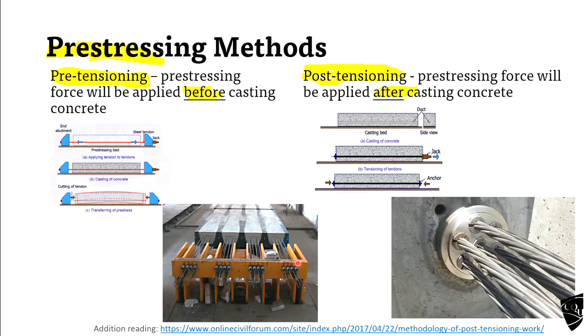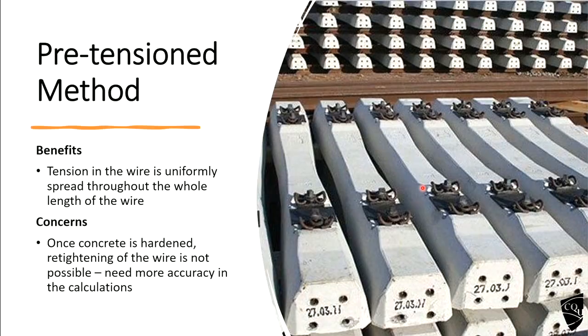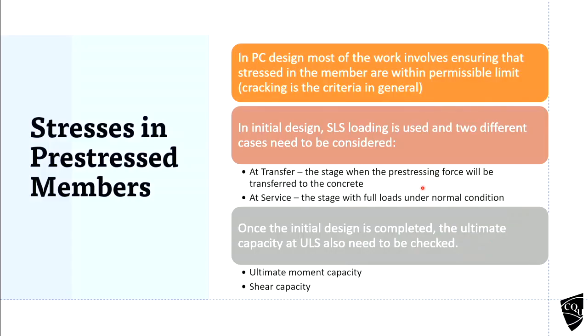You cut the wire, or you put the wire and stretch. So you transfer the load from the steel to the concrete. The steel is under tension, so we transfer the load to the concrete as compression. That is called the transfer stage.